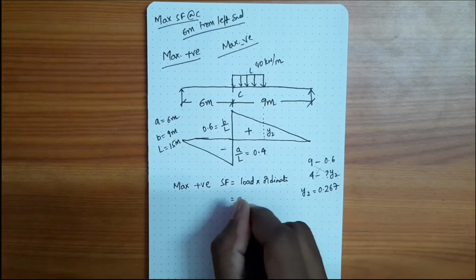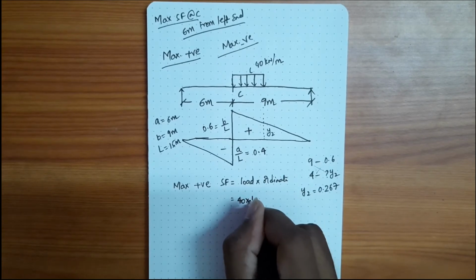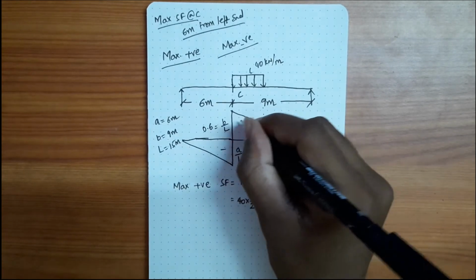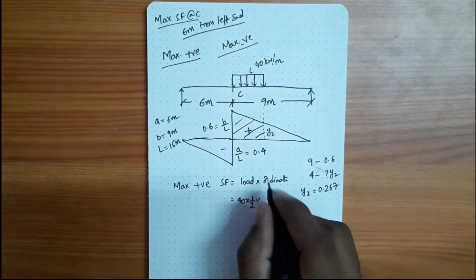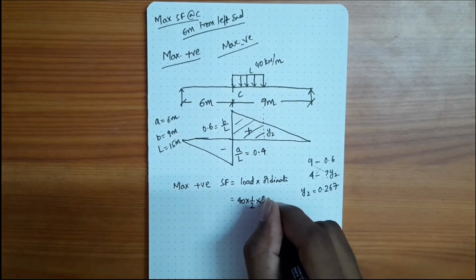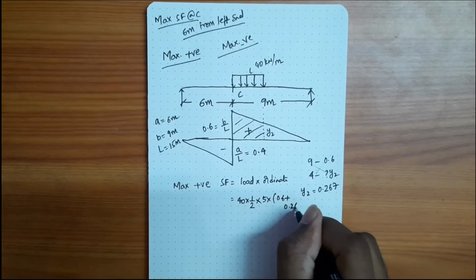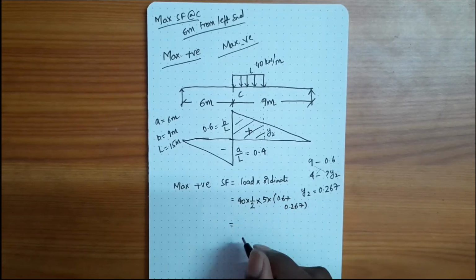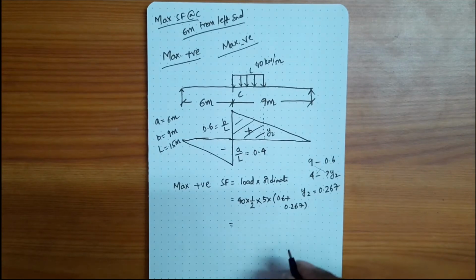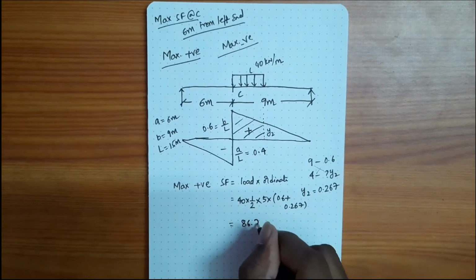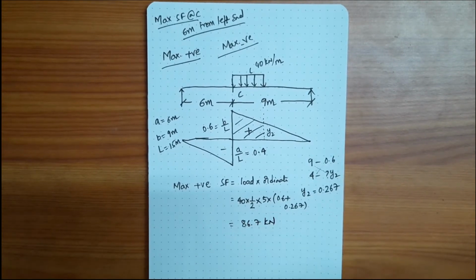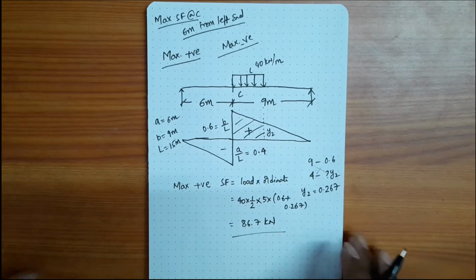Here the load is 40 multiplied by the ordinate, nothing but the area of this shaded portion, that is a trapezium, half h into a plus b, 0.6 plus 0.267. Calculate this and you will get the maximum positive shear force, that is 86.7 kilonewton. This is the maximum positive shear force.